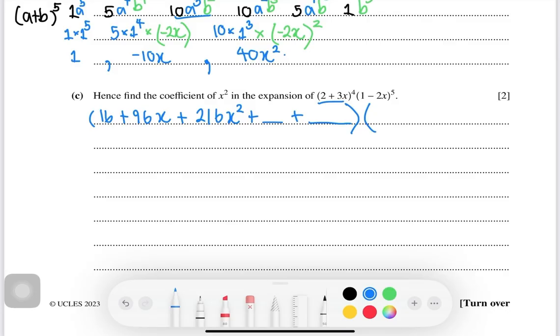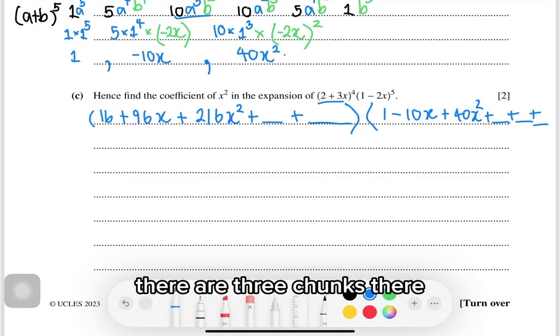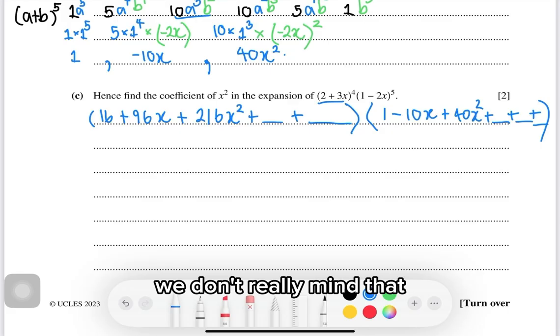So it is multiplied by 1 minus 10x plus 40x squared plus something, like there are 3 chunks there. We don't really mind that.